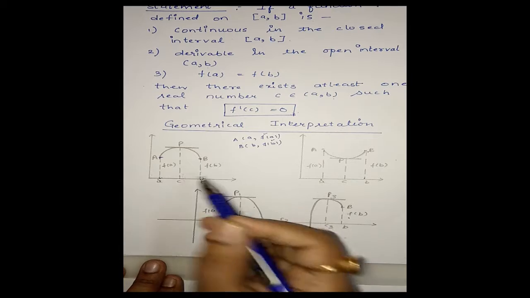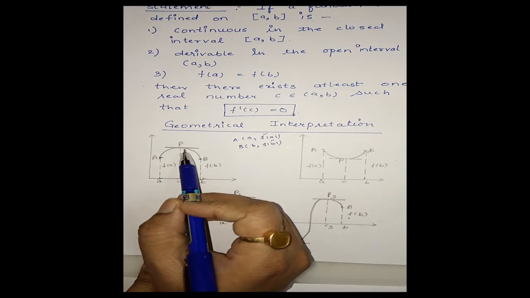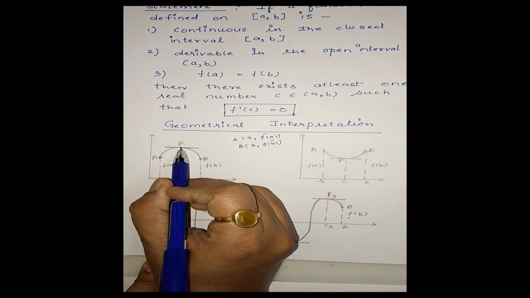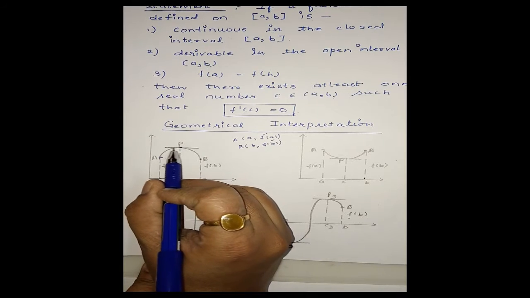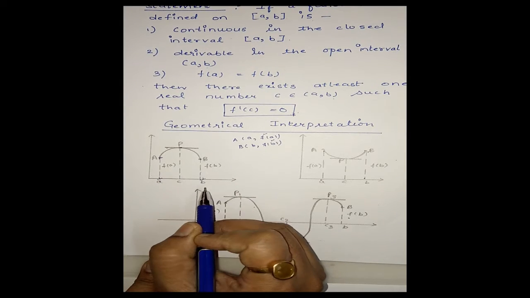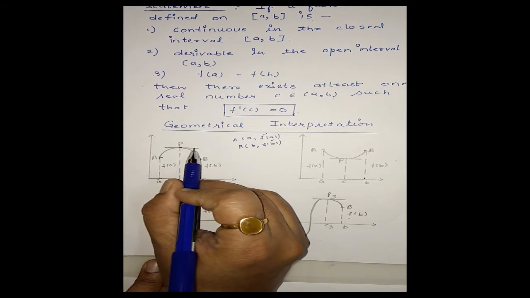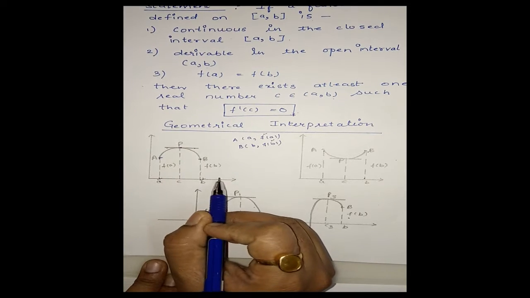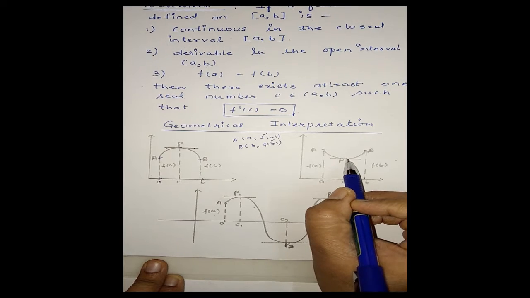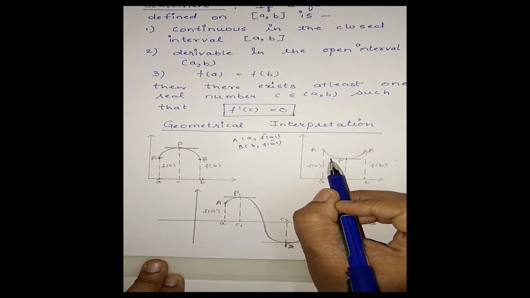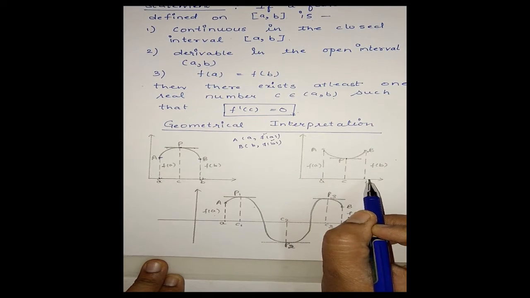Now, it is clear from the graph that there exists at least one point P at which the tangent is parallel to the x-axis. Here, the tangent at this point P is parallel to the x-axis. Here also, if I take P here, then the tangent at P is parallel to the x-axis.